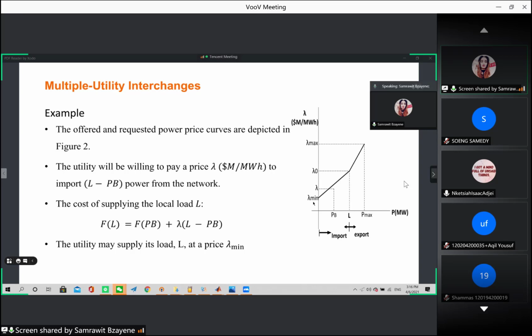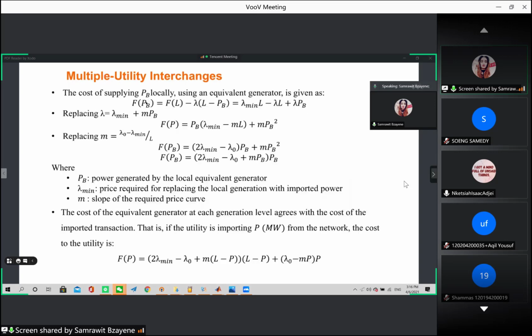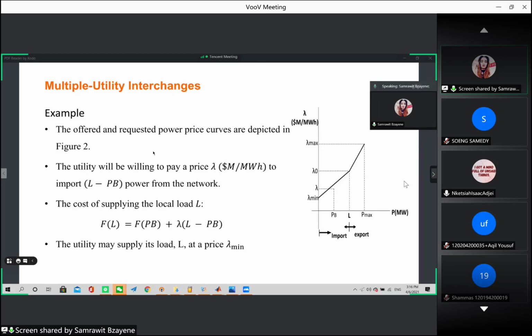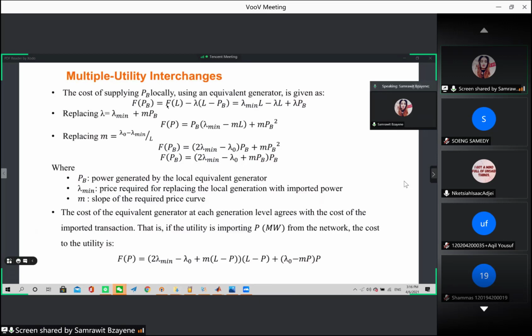The cost of supplying PV locally using an equivalent generator is given as the cost of PV, which is equal to the cost of L minus lambda times (L minus PV).